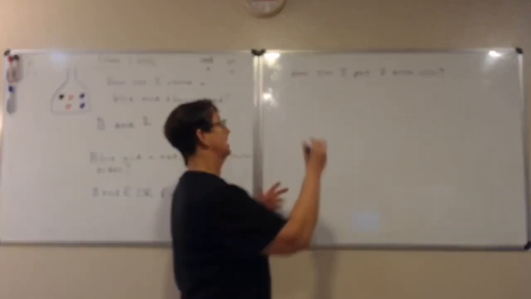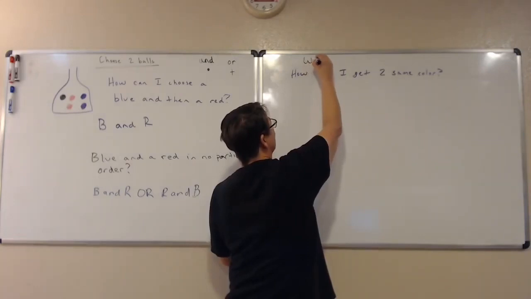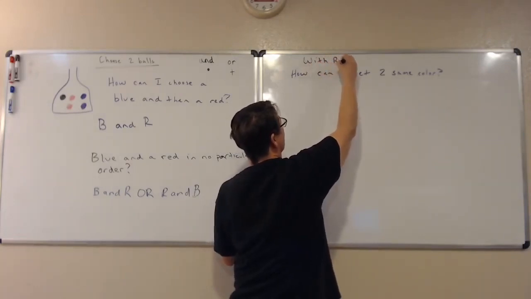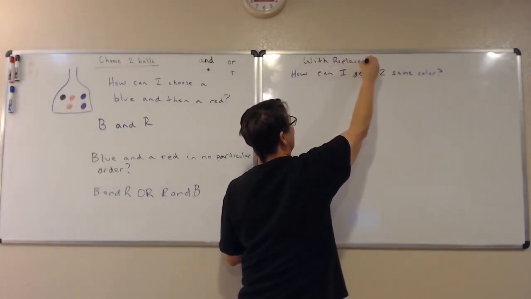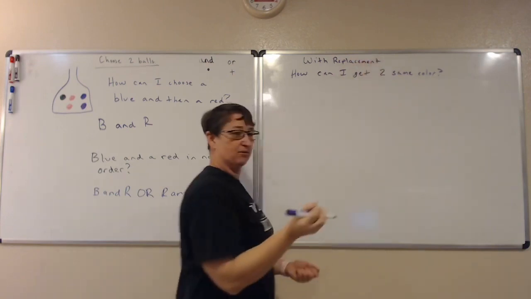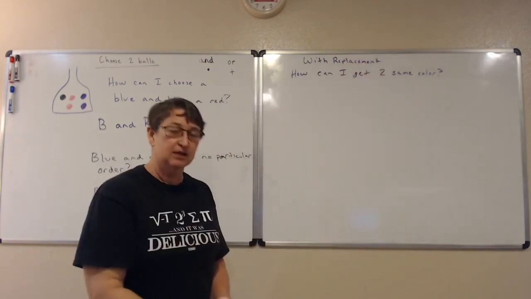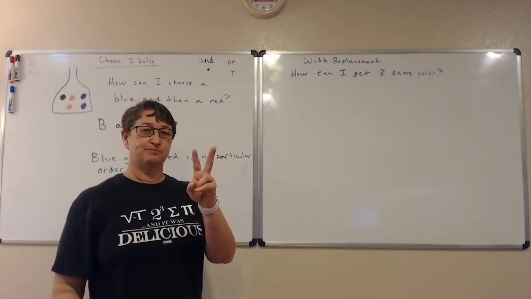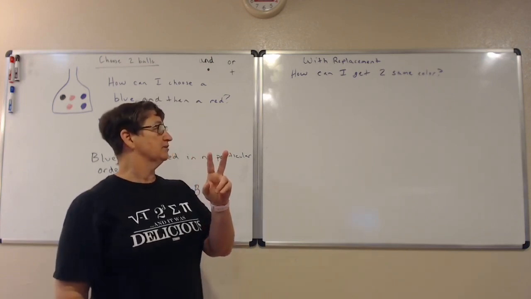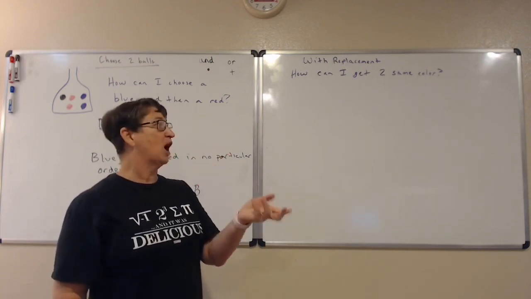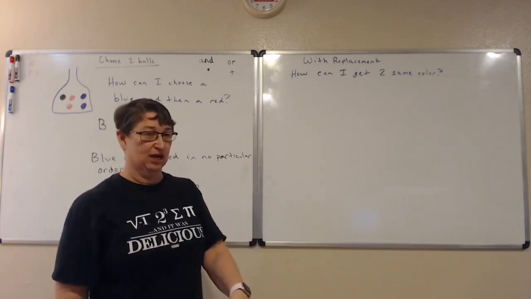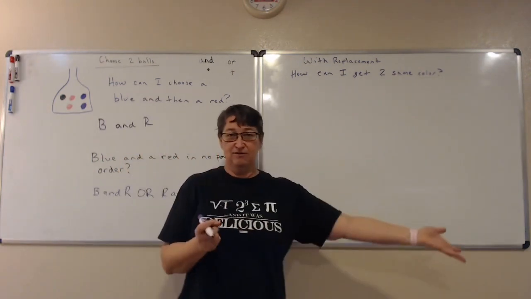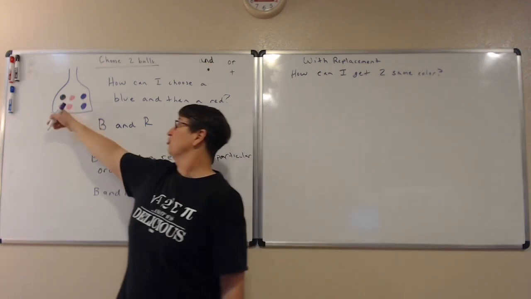So if it's with replacement, in other words, if I'm taking these marbles and taking them out and then putting them back in, I could get two blacks. But if I'm not putting them back in each time, if I'm just taking them out and leaving them out, then I can't get two blacks.